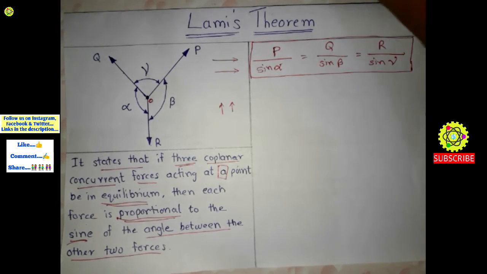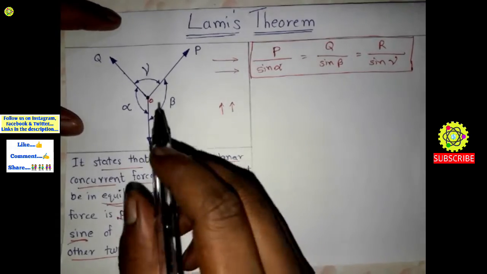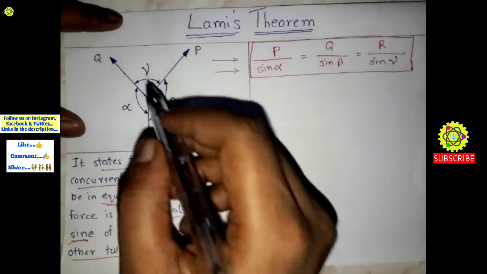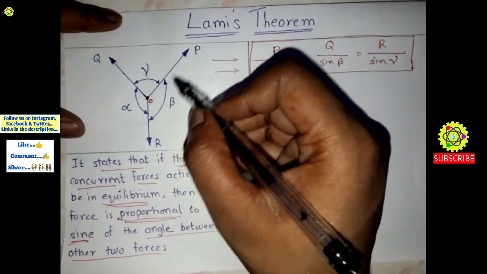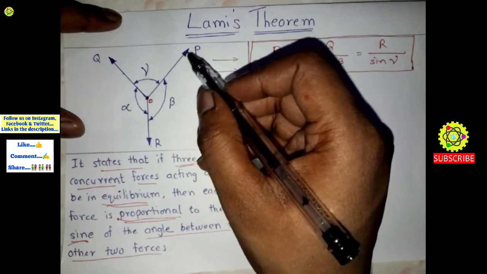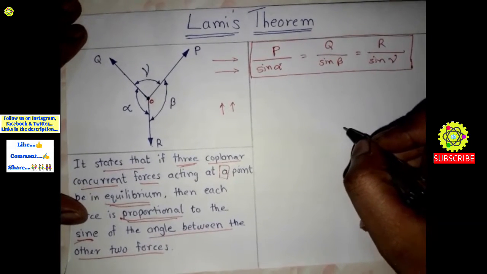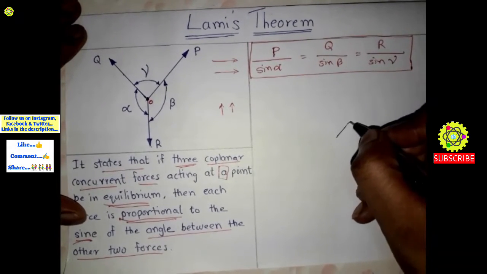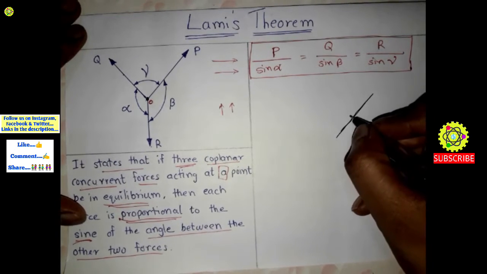For that, we will draw the diagram for this particular force system. Let's first draw this force P. As you can see here, this is force P in this direction.